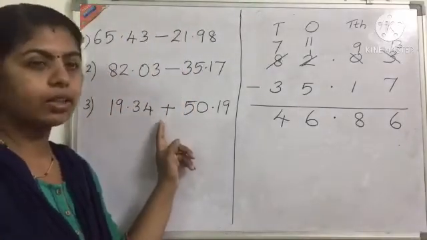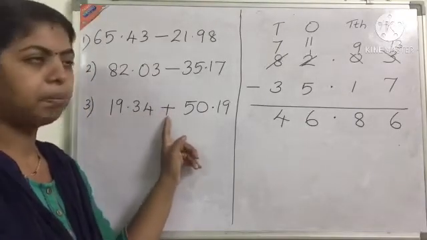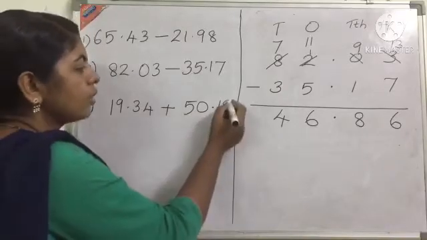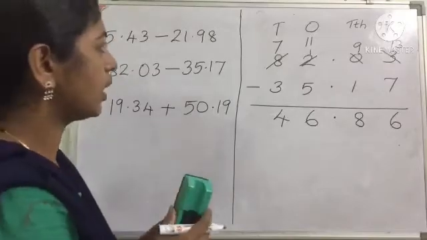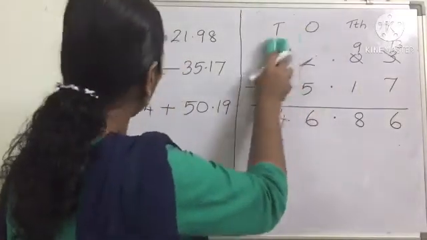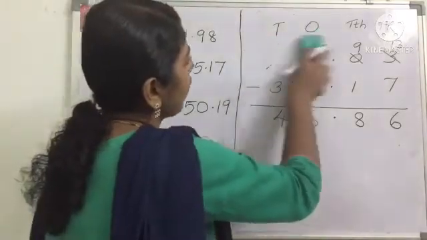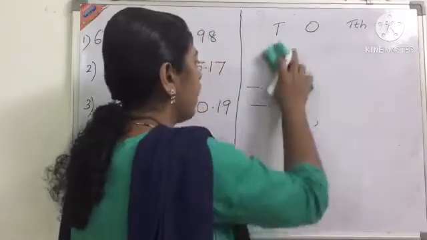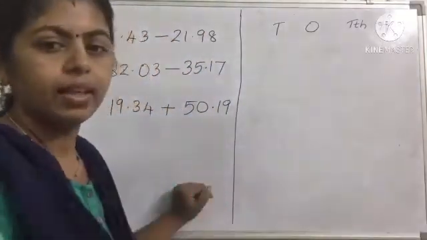Now we can go to the third question. It's an addition question. Okay. 19.34 plus 50.19. So here we want to add. For this, here also 2 digits are in the whole part. So we can keep the same positions here. Then we can write the numbers, the decimals.